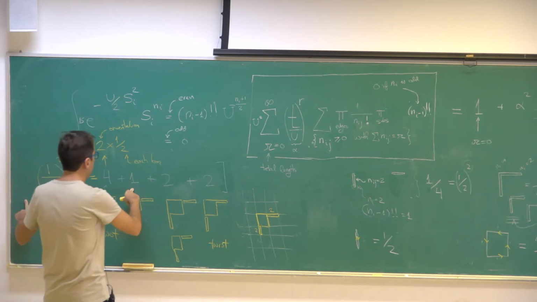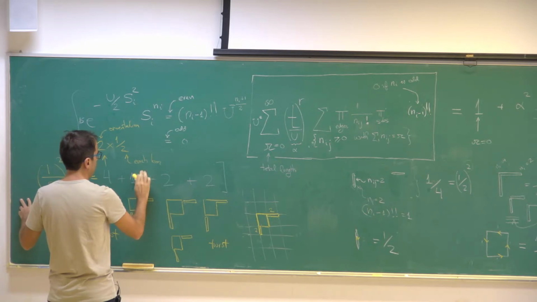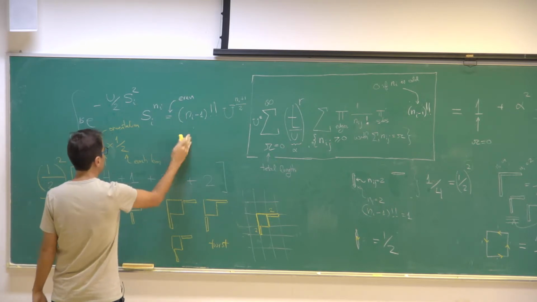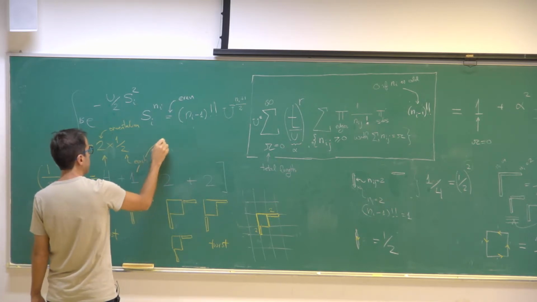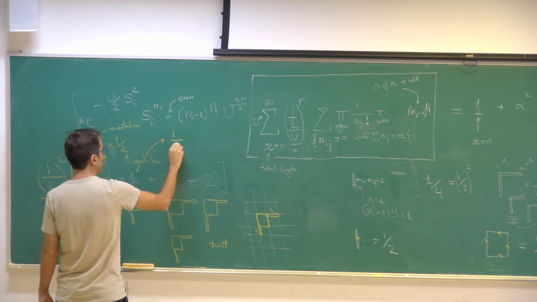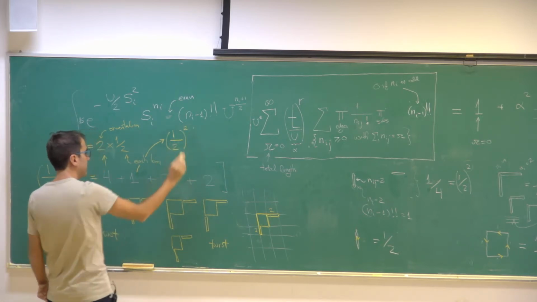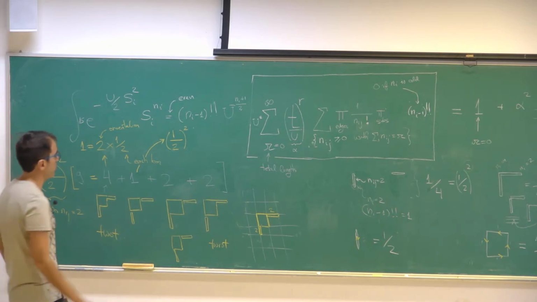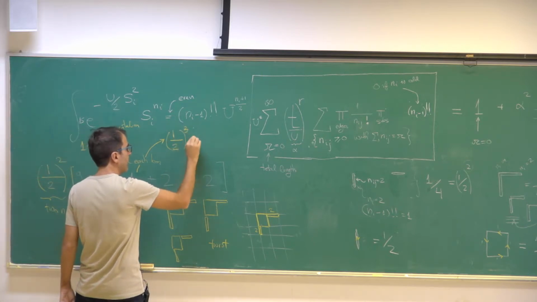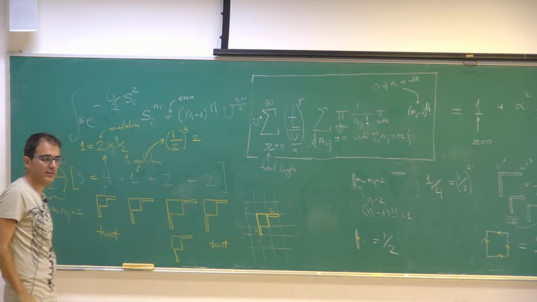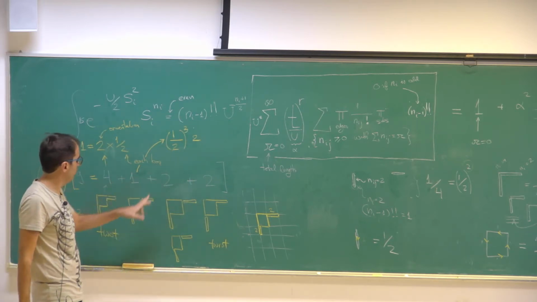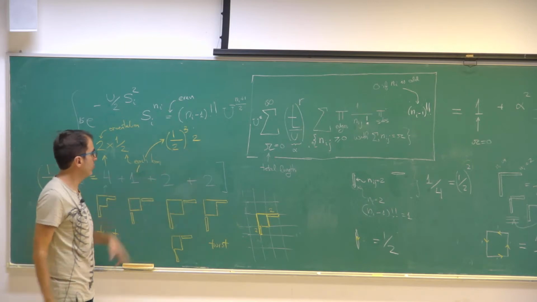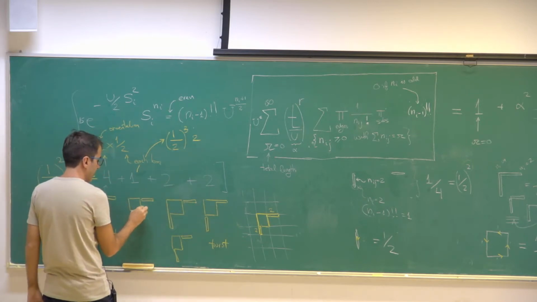What about this one? This one becomes 1/4, which is 1/2 squared. Which I want to write as 1/2 cube times 2. 1/2 cube because I have 3 loops, and 2 because there is orientation of the square.